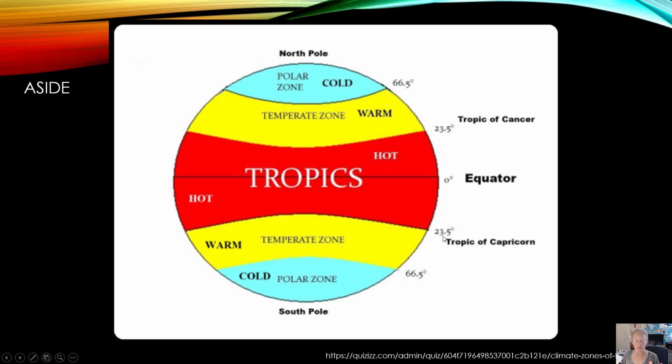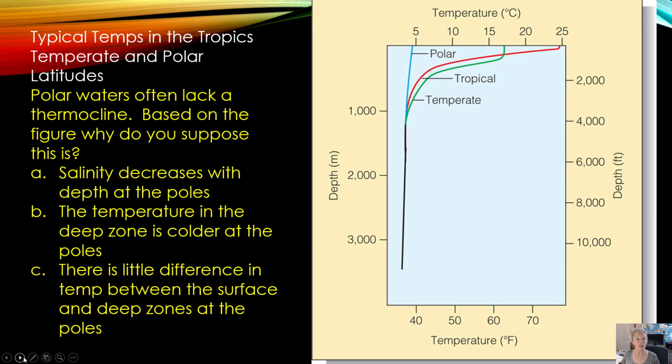So that's the coldest part of our planet. So in general, and of course this is very generalized, and it doesn't have these perfect layers like this because we have mountains and continents and all sorts of other things going on here. But these are the general layers, so that when I talk about the temperate zone or the polar zone or the tropical zone, I want you to understand this is what I'm talking about. Okay.